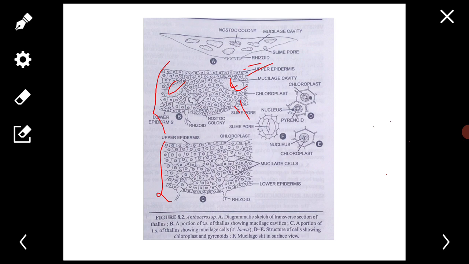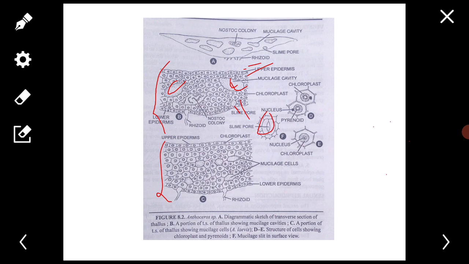The slime pore is guarded by two thin-walled, kidney-shaped guard cells, but these guard cells do not function to regulate the size of the pore.